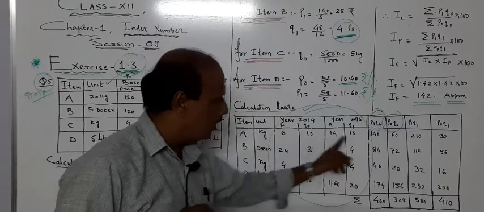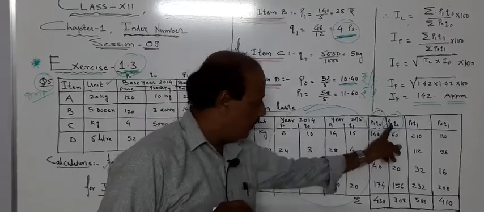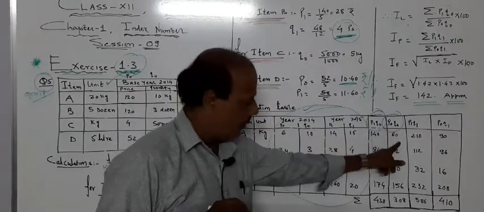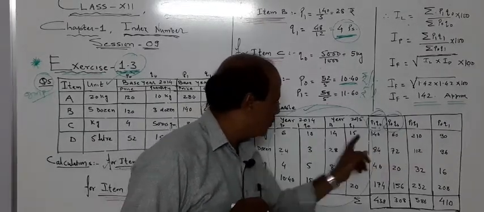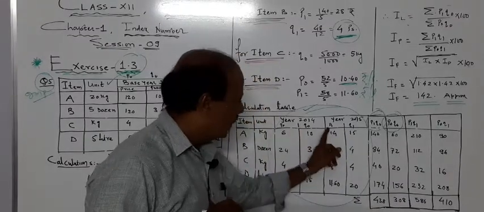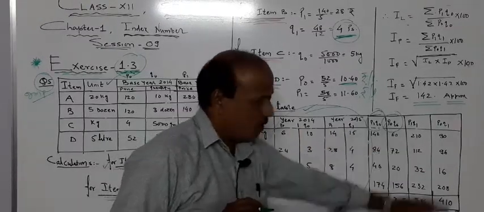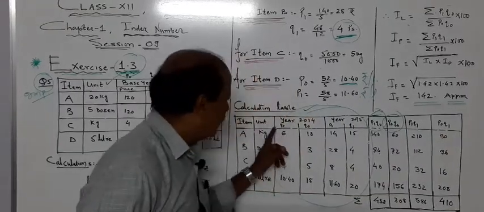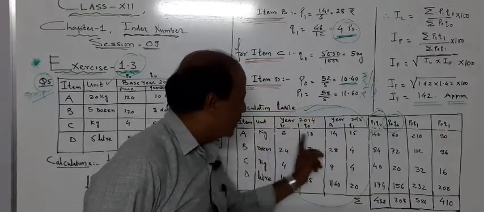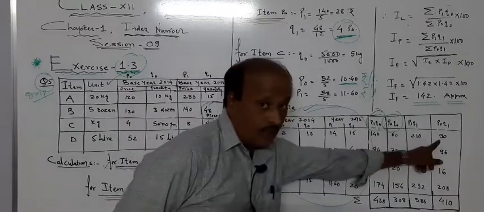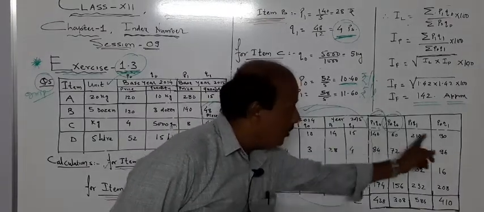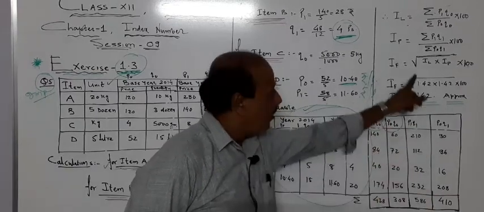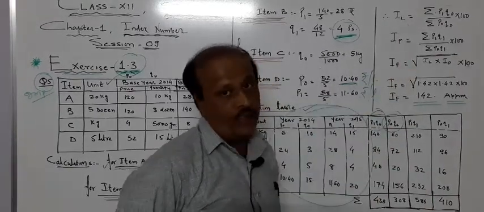So 14 into 10, 140. P0 Q0, 6 into 10, 60. P1 Q1 will be 14 into 15, 210. P0 Q1 is 6 into 15, 90. So according to the need you multiply. We require all these four columns for using the formulas of IL and IP.